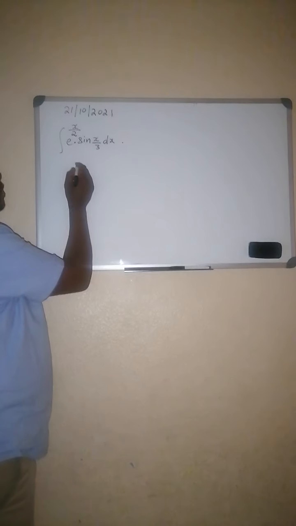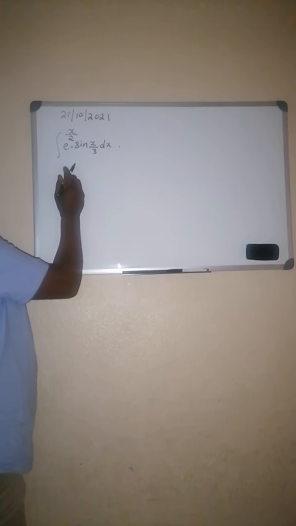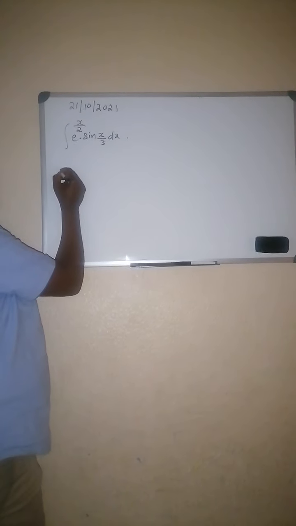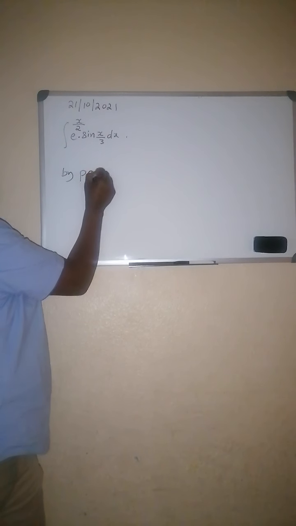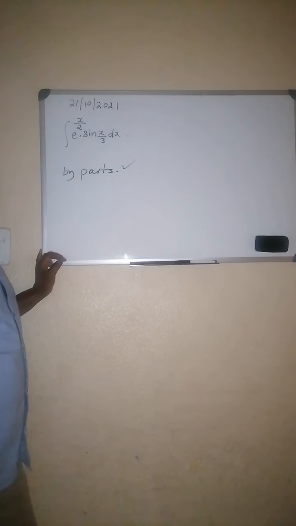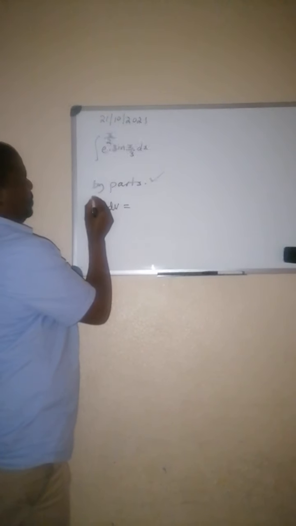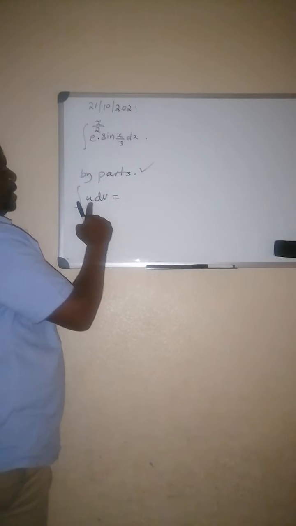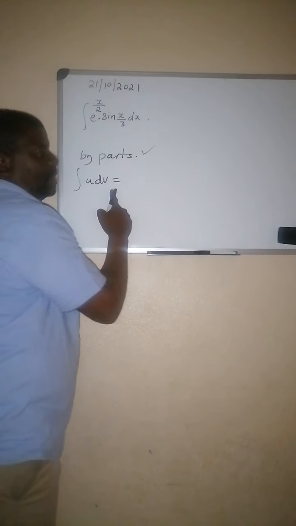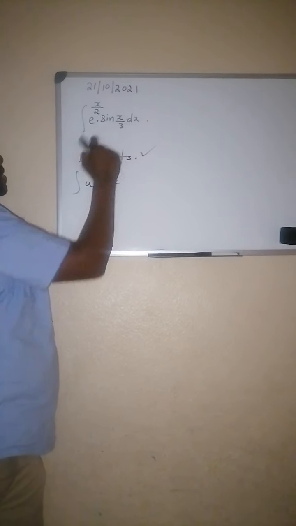When we look at the problem, you realize that this is a product. Product as it is, it means we need to use integration by parts. This is a technique used for integration, which says that if we are integrating u dv as a product, in the same way you will have e to the x over 2 times sine x over 3 dx.